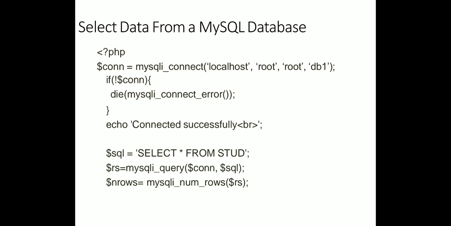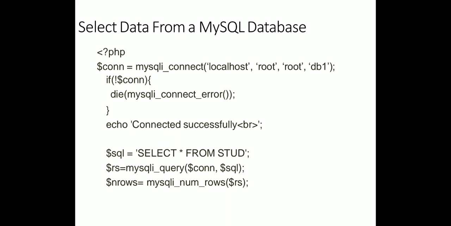Again we have used the same variable $con for connection, and established the connection using the mysql_connect function. Here I have passed the parameters localhost, root and database1, that is db1 in short form.